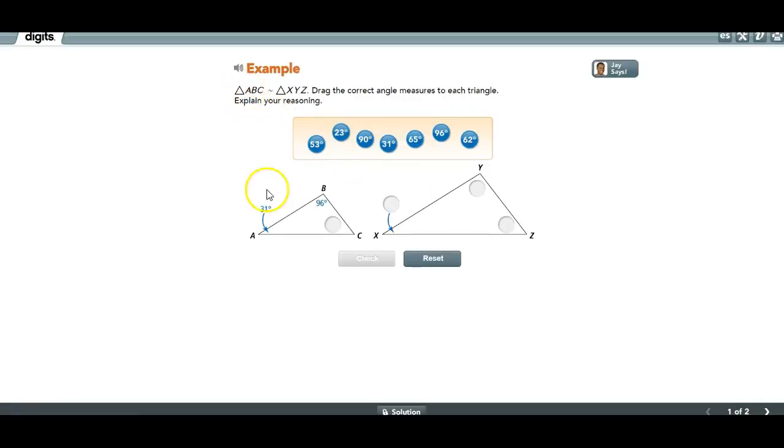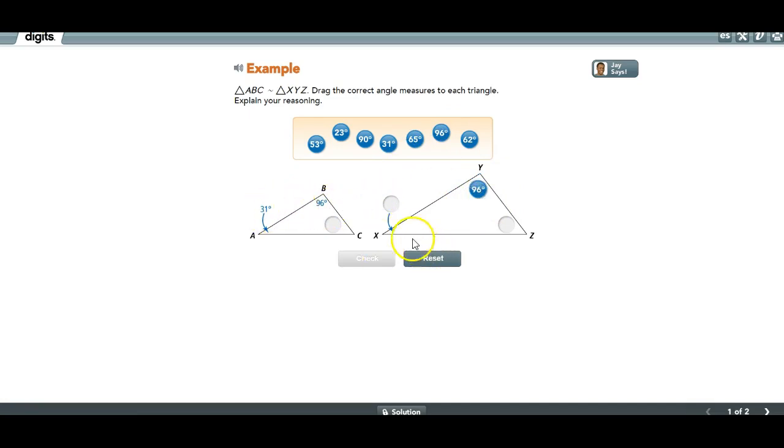Okay, triangle ABC is similar to triangle XYZ. So they want us to drag the correct angle measures to each triangle and explain our reasoning. Well, angle Y and angle B are corresponding because they're in the same place of the same shape. So angle Y should be 96 degrees.